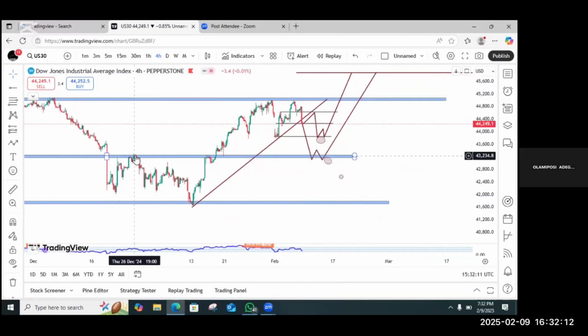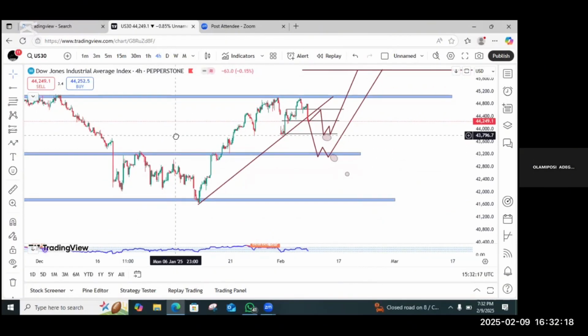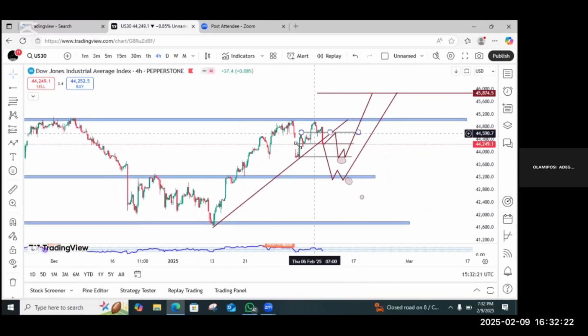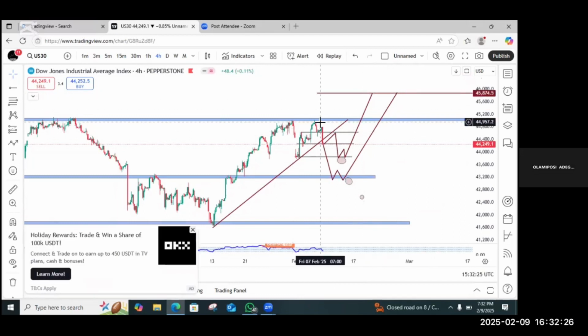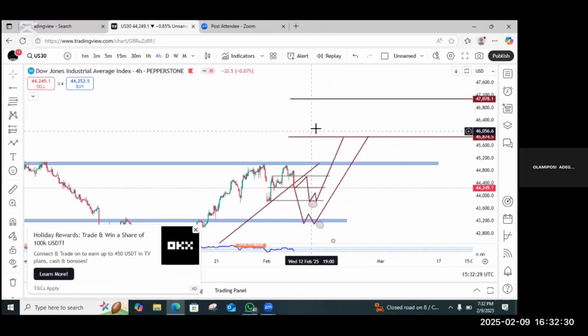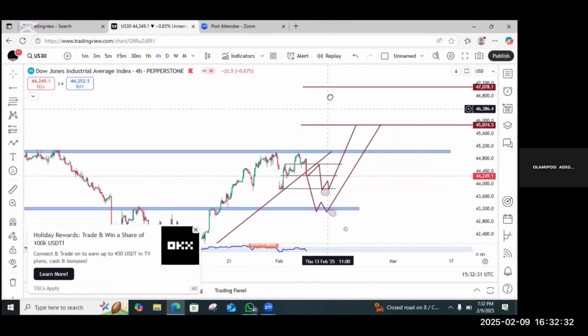So the market might touch that previous high that just got broken before it goes to our next level target. And if it breaks here, like I said, this will be my next target. Then after here, this will be my next level target.